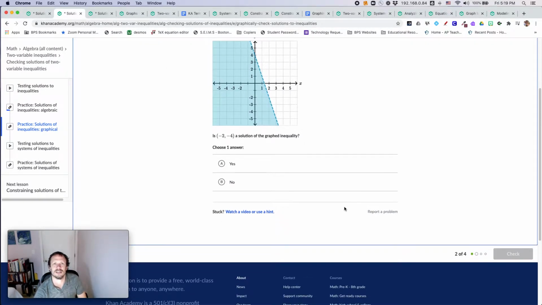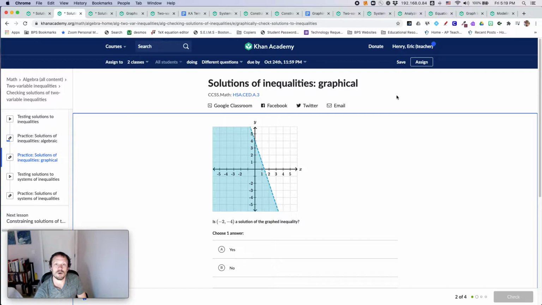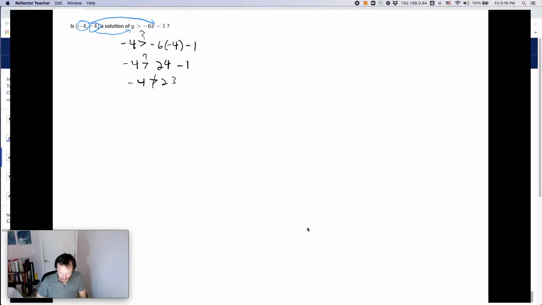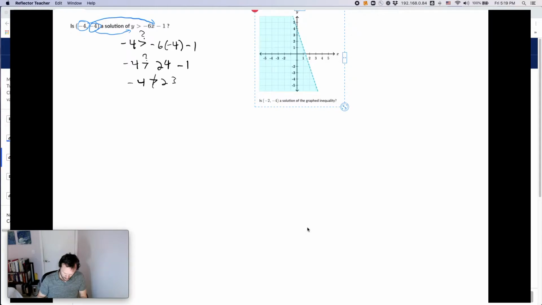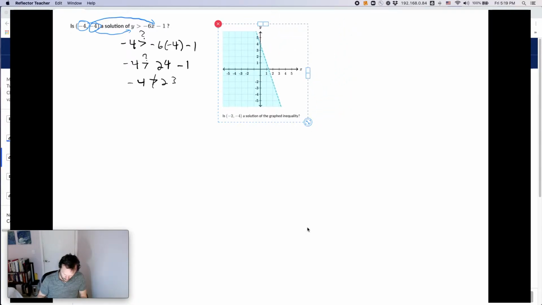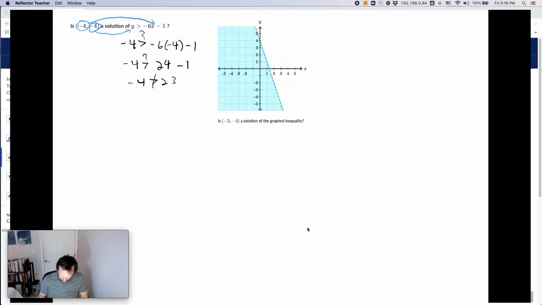Next exercise, solutions of inequalities graphical. It's just like the last one, but in this case we're using a graph to answer. Is -2, -4 a solution of the graphed inequality?